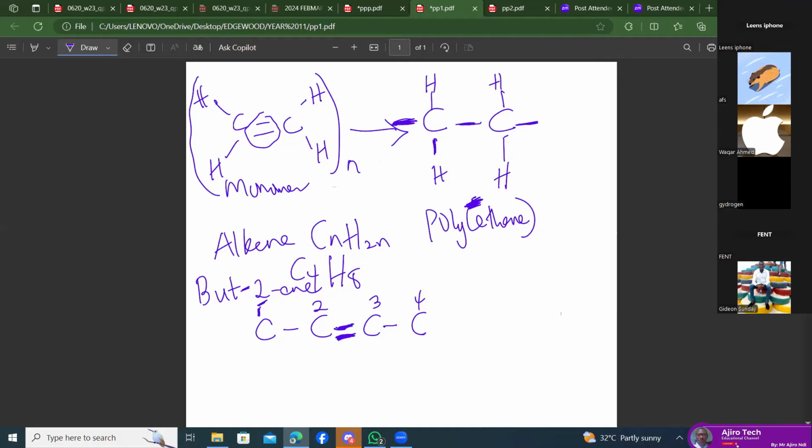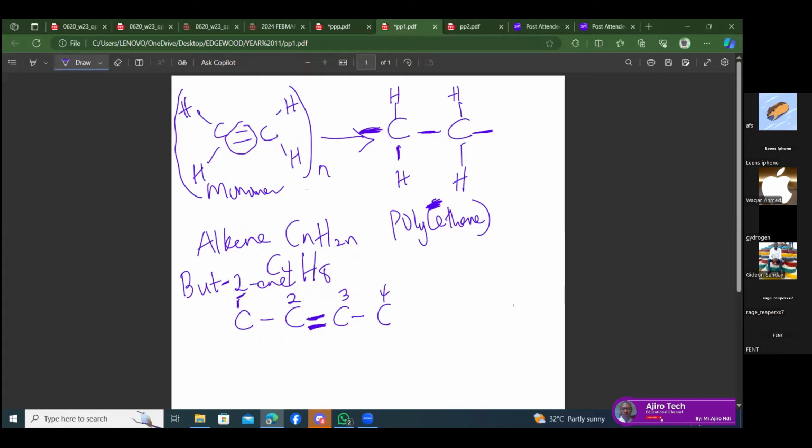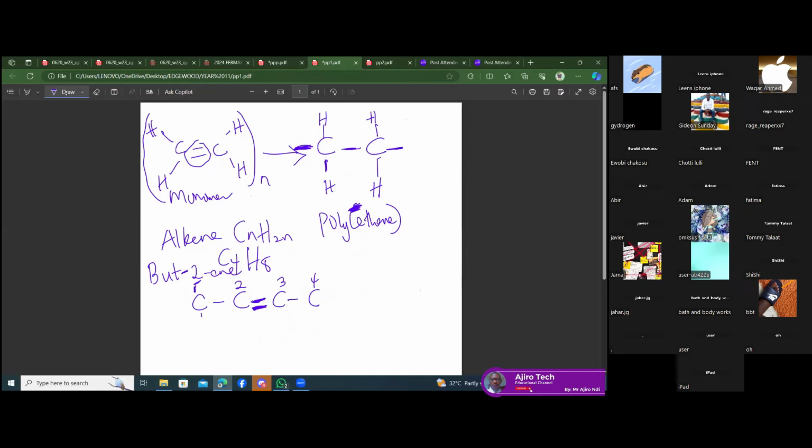If it were but-1-ene, then it has to be on the first carbon. After putting the double bond, the next thing is to attach all the hydrogens that should be there. So I'll attach hydrogen here, right here, right here, and I'll equally attach hydrogen right here, right here, right here. Remember that the number of bonds attached to carbon should only be 4, because carbon has a valency of 4.